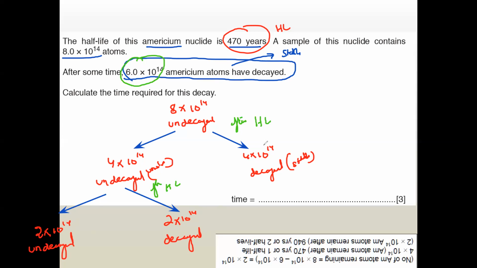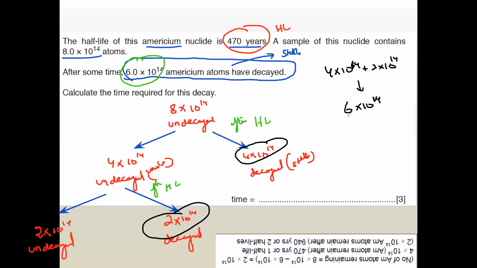As you can see from the values, first 4 exponent 14 decayed, then 2 exponent 14 decayed. So till this point, 4 exponent 14 plus 2 exponent 14, which adds up to 6 exponent 14 atoms decayed. The question was, when 6 exponent 14 atoms have decayed, how much time is required? How many half-lives are required? 2 half-lives.